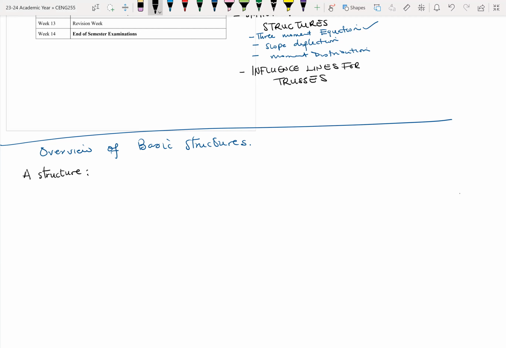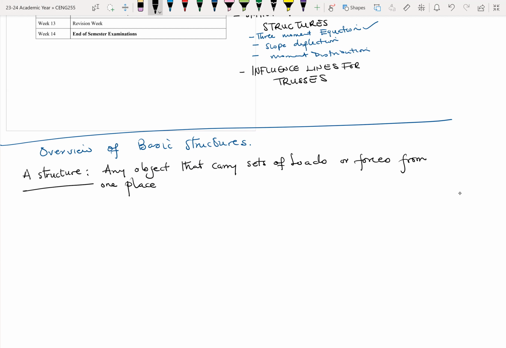In simple terms, a structure is defined as any object that can pretty much carry a set of loads or forces from one place to the other.